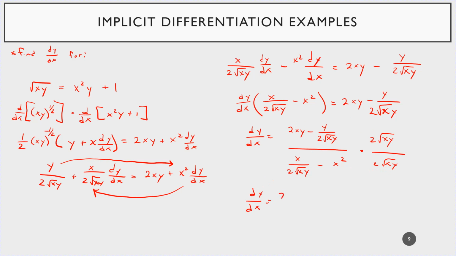So 2 times 2, excuse me, is 4, xy times the square root of xy would be (xy) to the 3/2 power. Here it would cancel out, minus y, divided by, when I distribute, here it would cancel out, x minus x squared times the square root of xy.